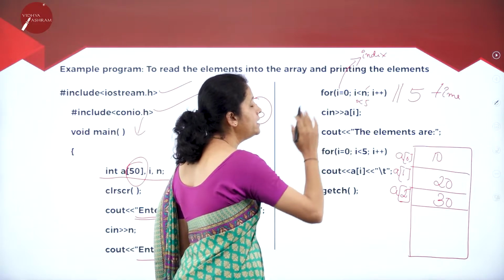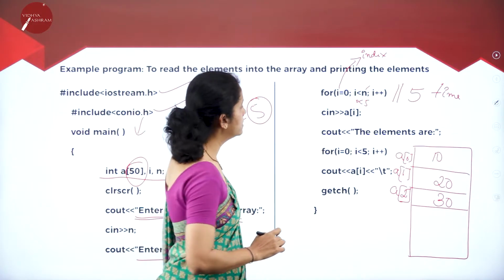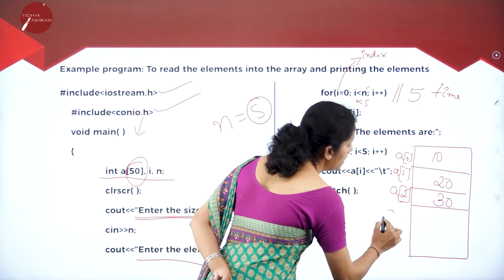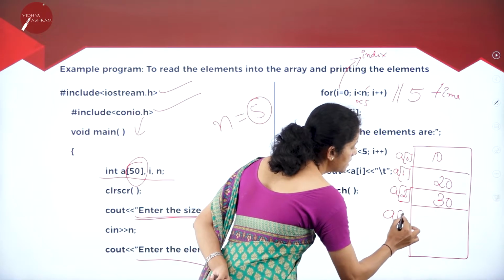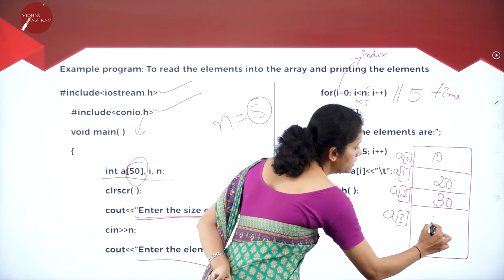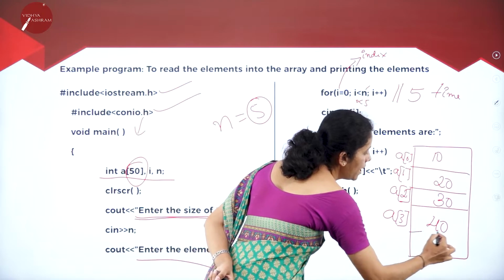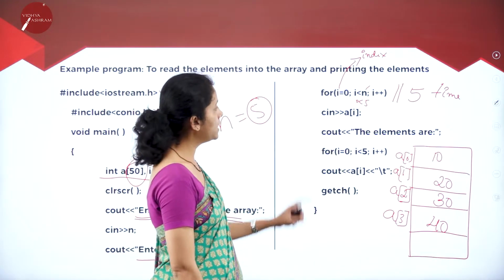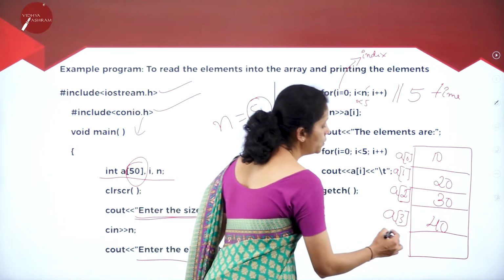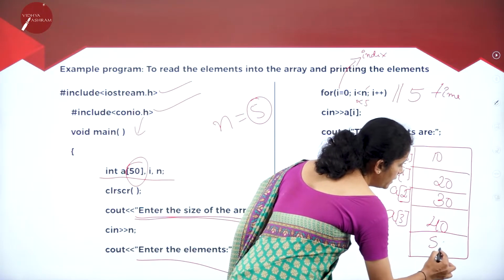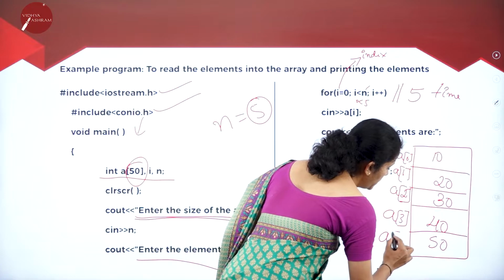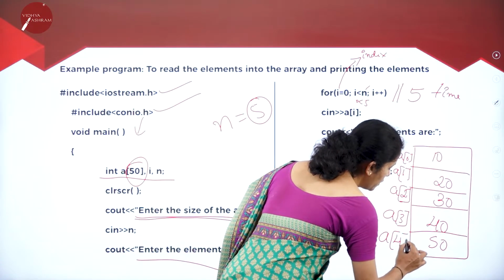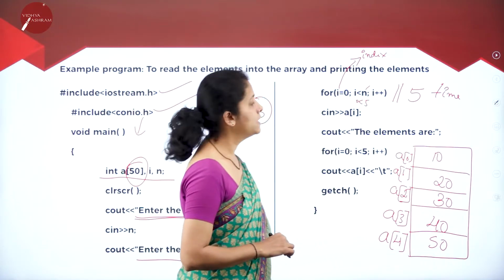I'm going to read the next element, that is 40, and where I'm going to place it, that is A of 3. Now I is incremented by 1, now I is 4, 4 less than 5, true. I'm going to read 50 and where I'm going to place it, that is at the location A of 4.